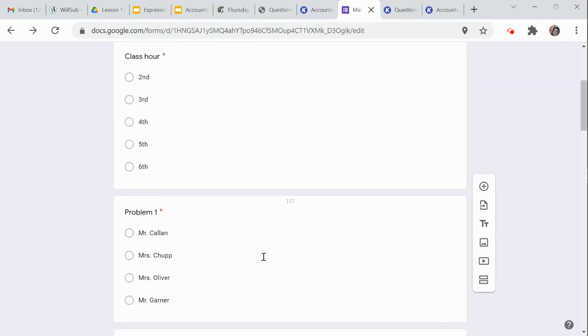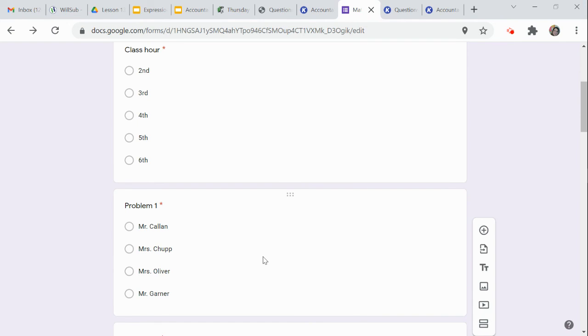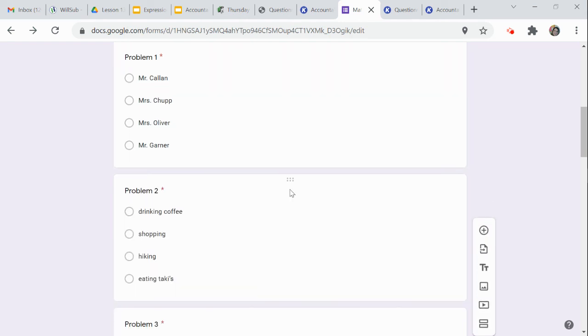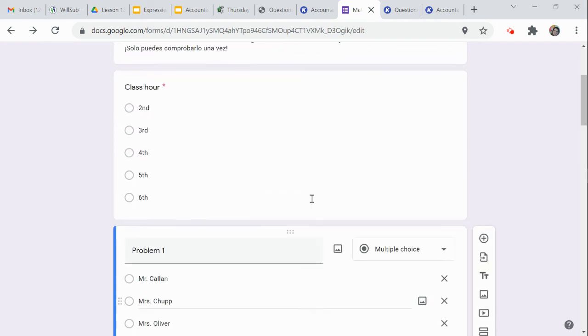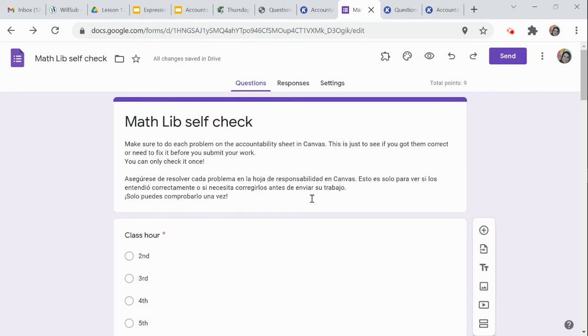You only get, I believe, one time to submit it. So don't think this is just, you're going to trial and error and get the right answers, because your accountability sheet needs to have your work on it. So once you've done all your work, you're going to select. So for the very first one, we know we're going to select Mr. Gardner. Okay. And then that will help you. And once you're done, I'll tell you which ones you need to go back and fix.